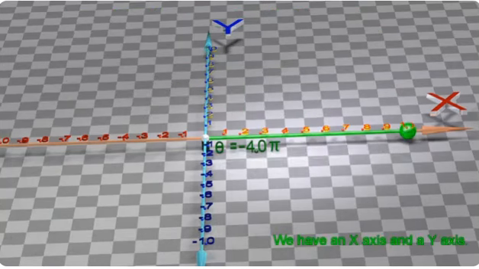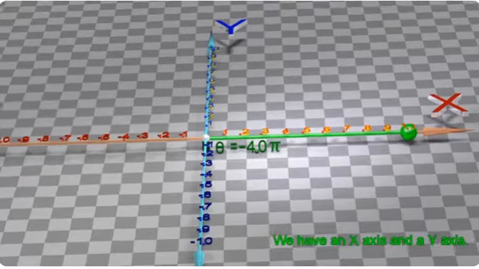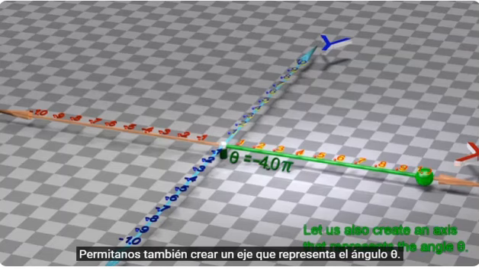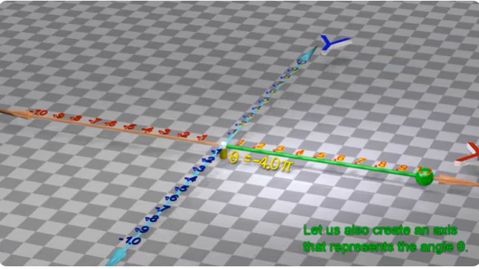We have an x-axis and a y-axis. Let us also create an axis that represents the angle theta.